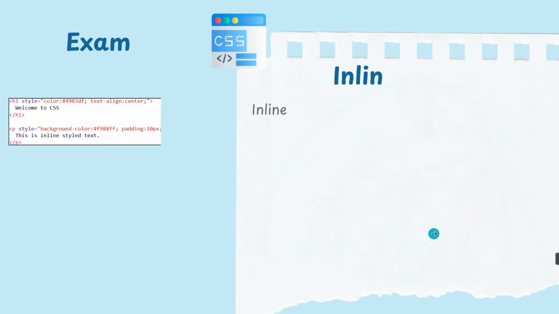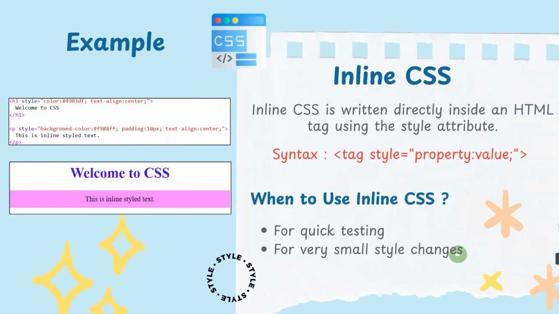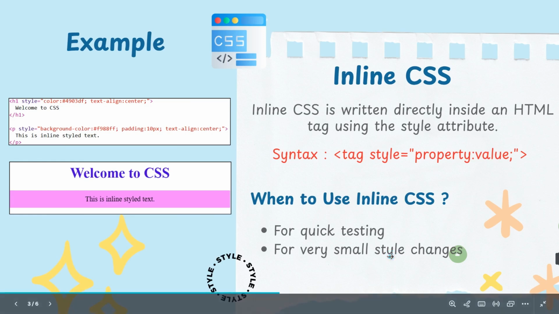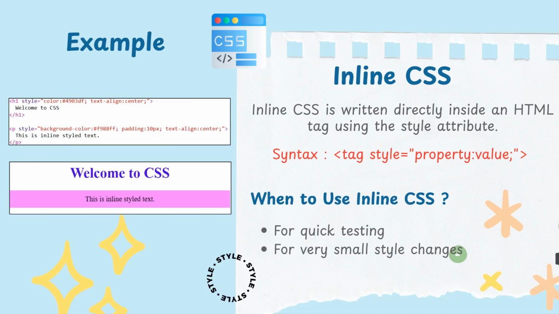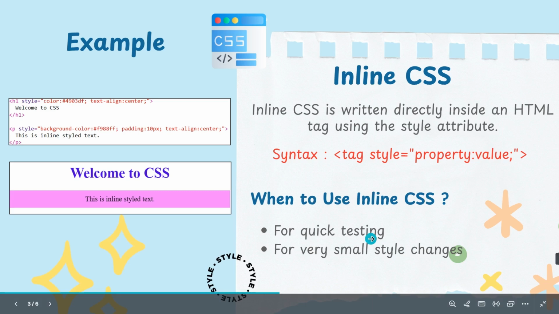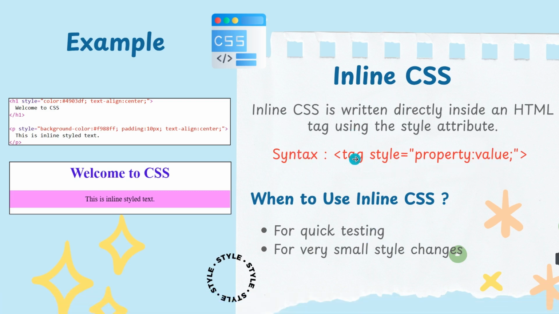So let's move towards inline CSS. Let's quickly start with the first type of CSS, which is inline CSS. Inline CSS means we write the style directly inside the HTML tag, as you can see here.